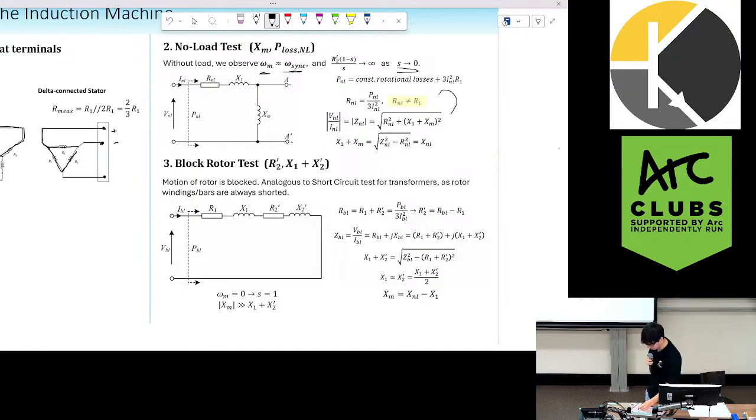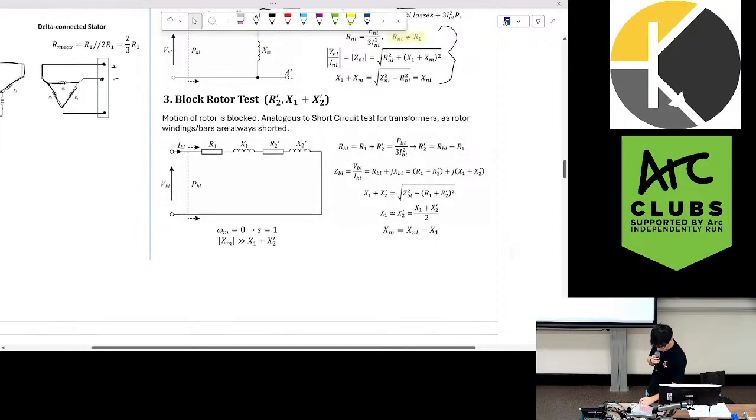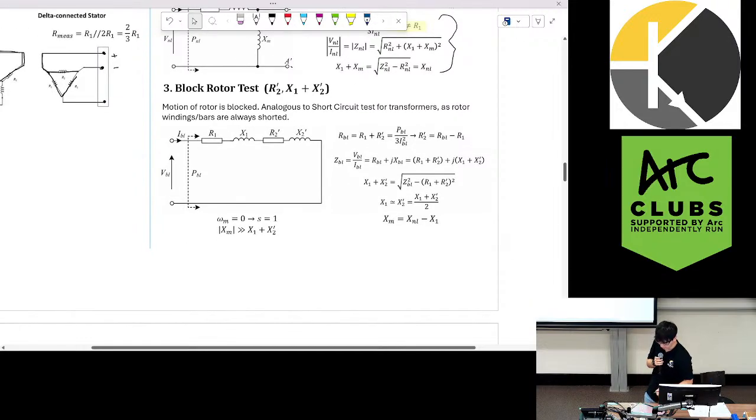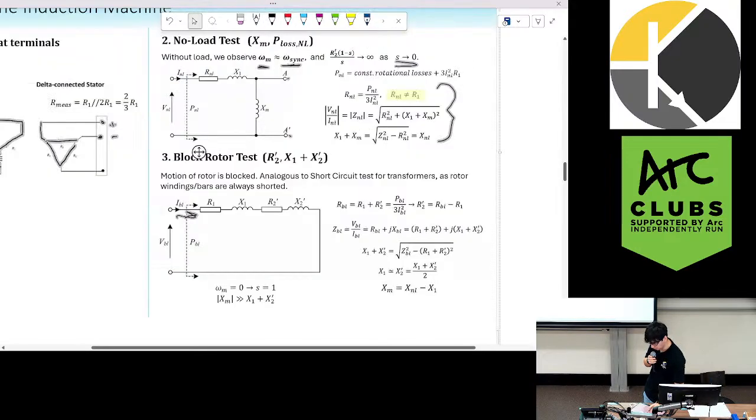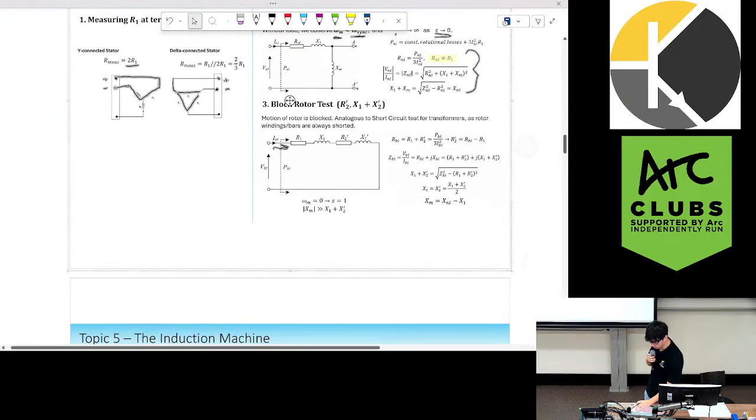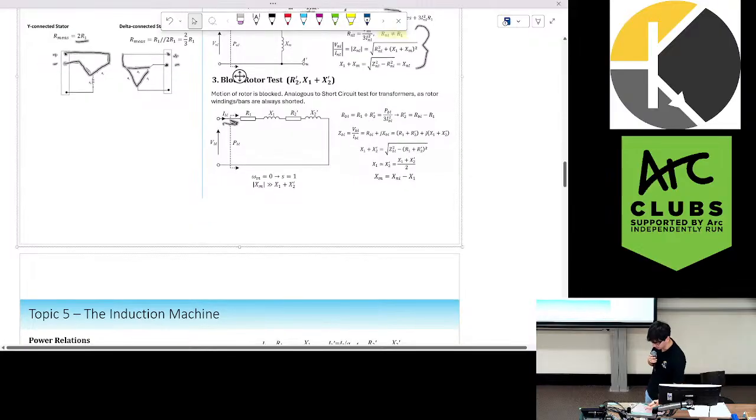So then we can use these simplified equations to find values for our no load impedances. For the blocked rotor test, similarly, instead of having an open circuit at our rotor, we're shorting it, and that creates a very large current, and we have very little voltage across our XM, which creates a simplified circuit. And again, we use these equations to solve for our parameters.